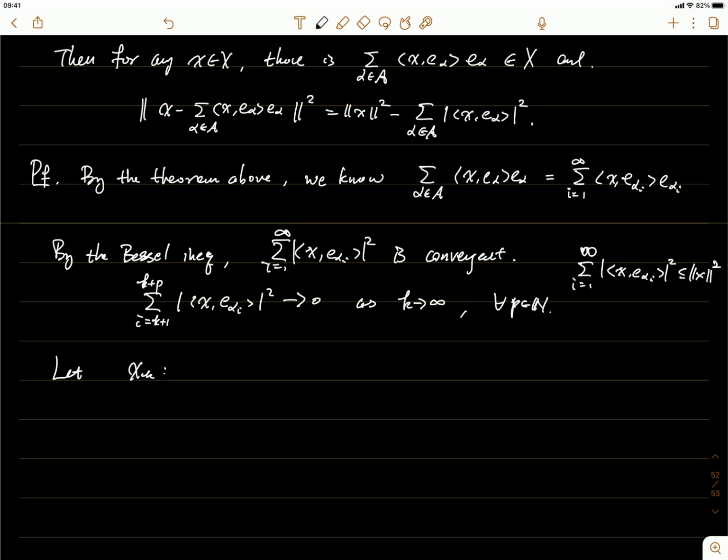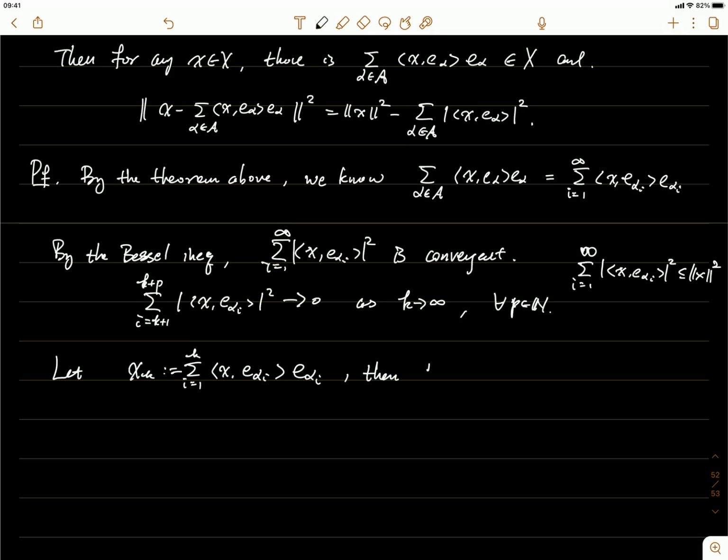And this tells us that if we define x k to denote the partial sum for this x and the e alpha i, then we know that, on the one hand, this x k is a convergent sequence. The reason is we look at x k plus p minus x k.